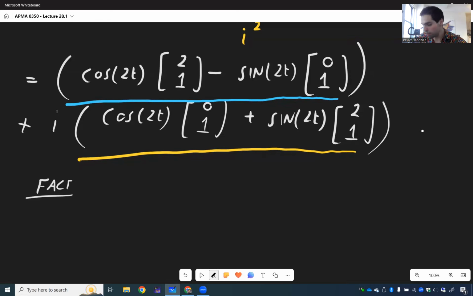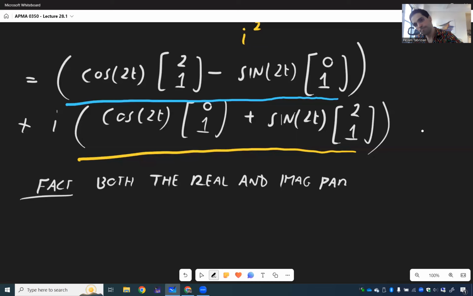So in fact, both the real and imaginary parts solve x prime equals Ax.